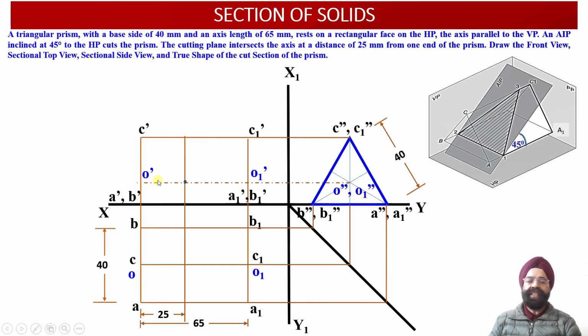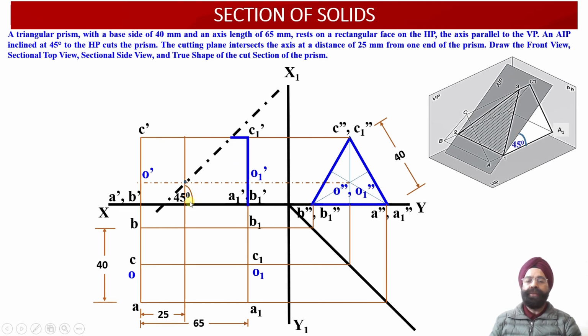From the face ABC we have got this axis, and 25 millimeter from this face we have got an auxiliary inclined plane passing through the axis. It is cutting the axis at this point over here. And this auxiliary inclined plane is inclined at an angle of 45 degree with respect to the horizontal plane.